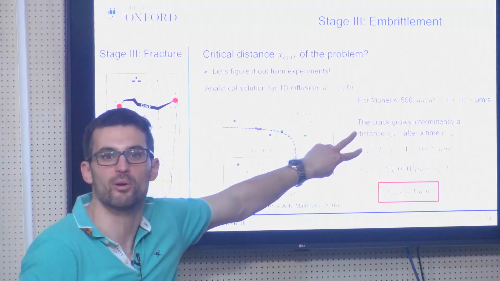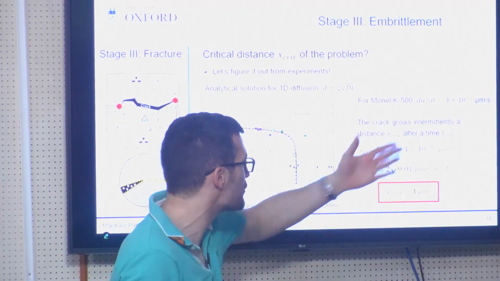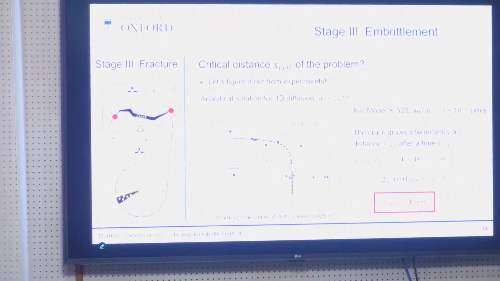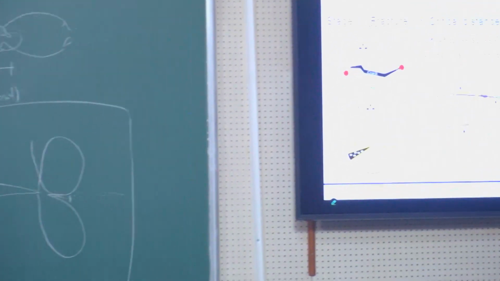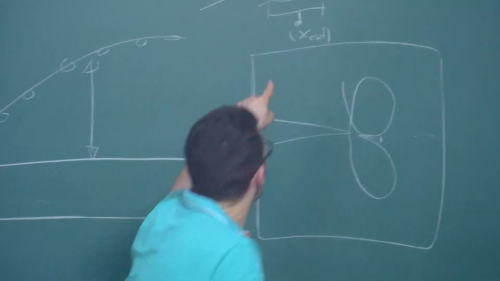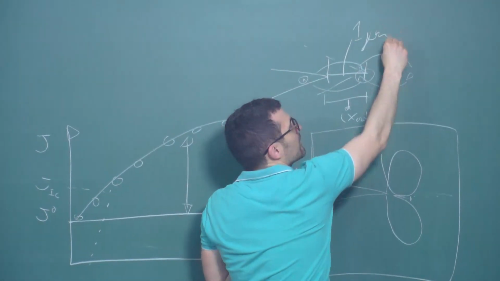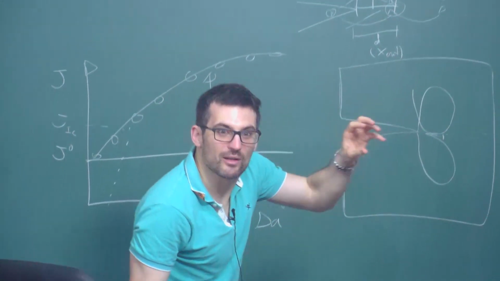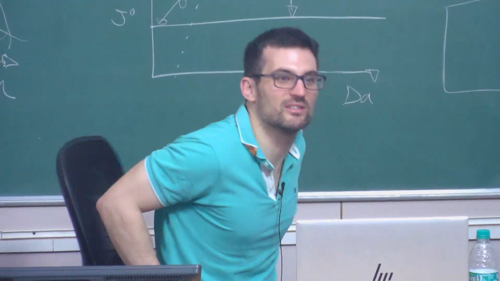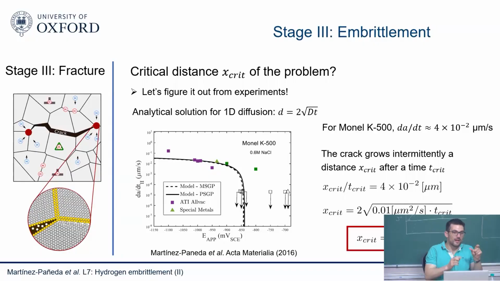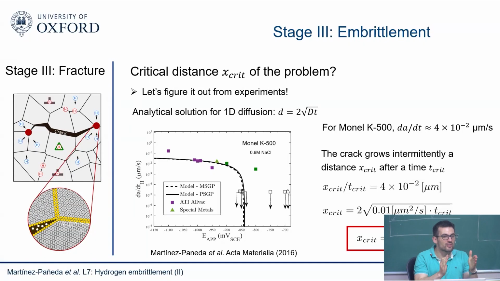So, a simple system of 2 algebraic equations, you solve, and what you get is that the critical distance is 1 micron. So that crack is jumping this distance, 1 micron. So those effects that we saw before, those gradient plasticity effects, they're going to play a big role, because the critical distance in this problem is 1 micron.